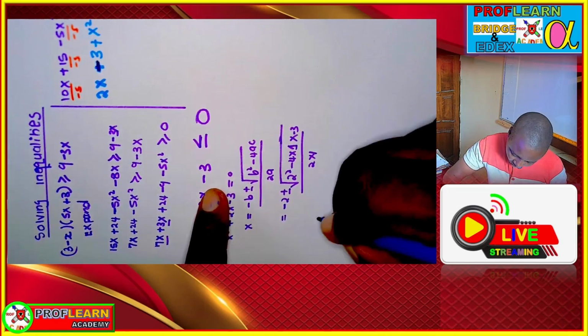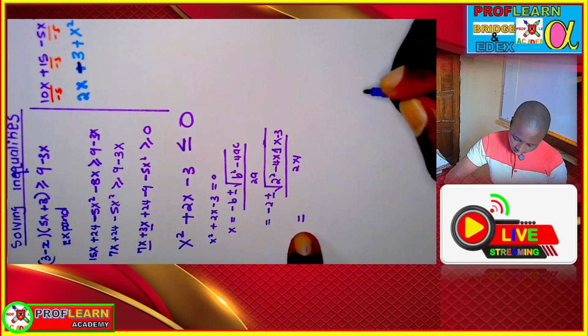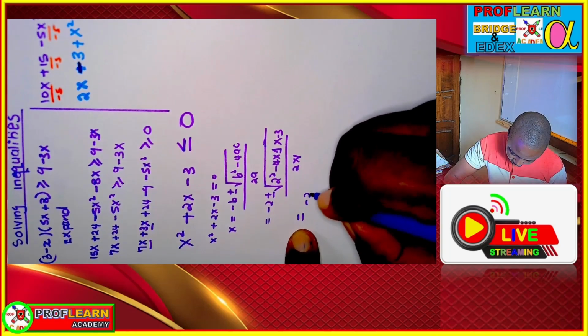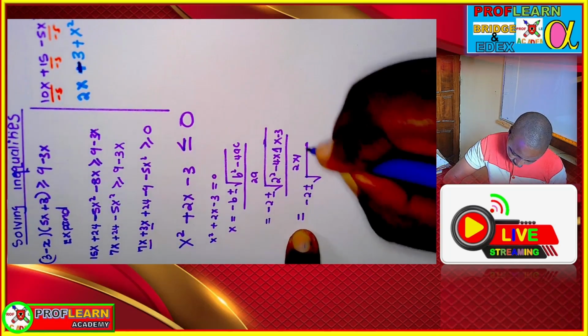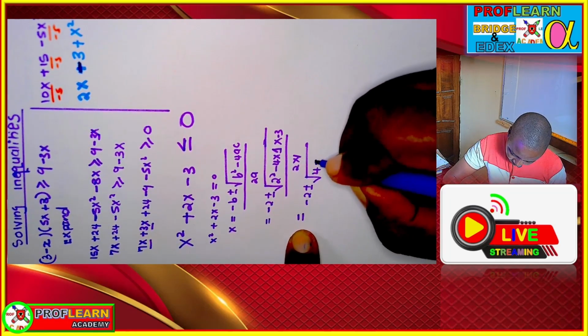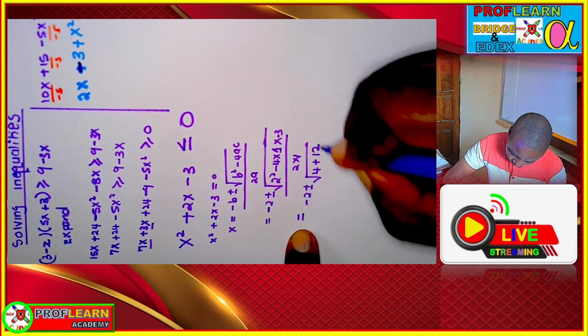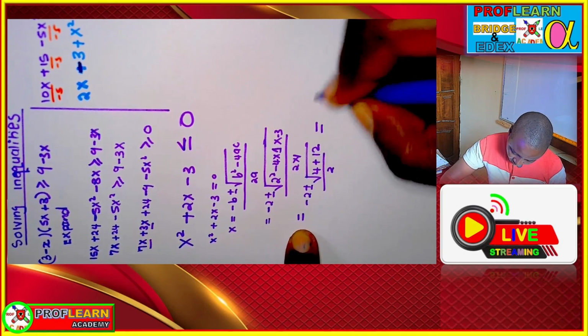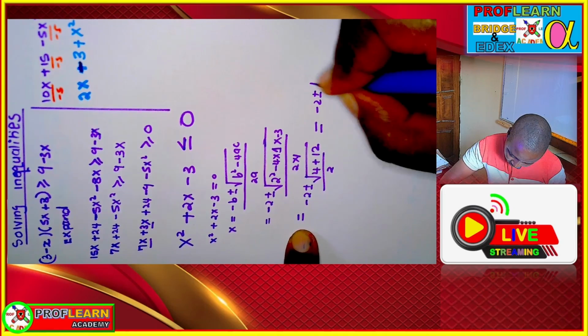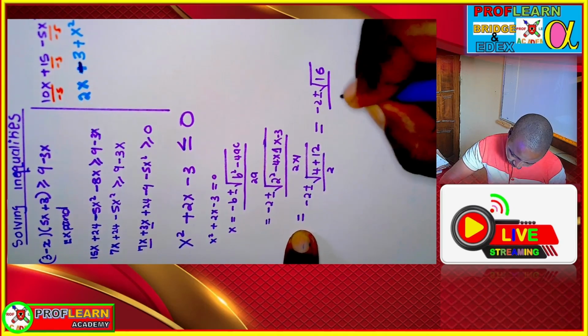So this equation is going to reduce to negative 2 plus or minus square root of 4 plus 12 divided by 2. So this is going to be minus 2 plus or minus square root of 16 over 2.